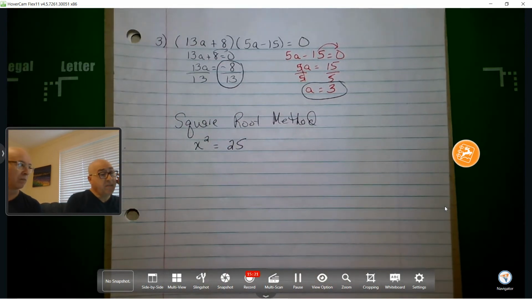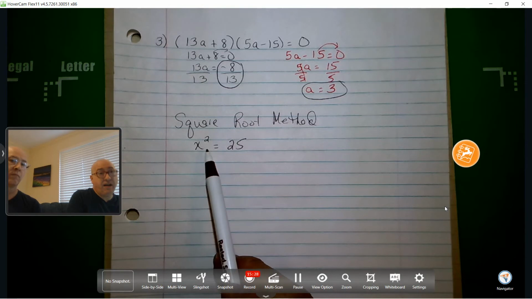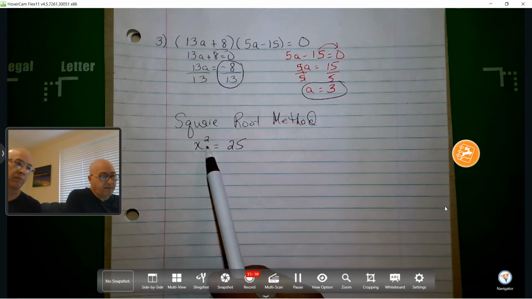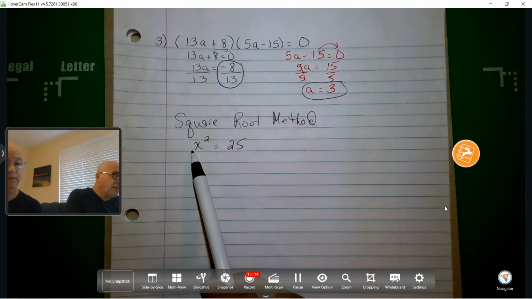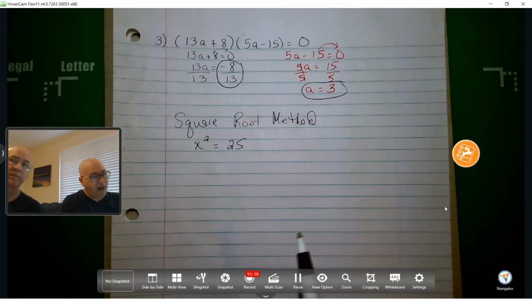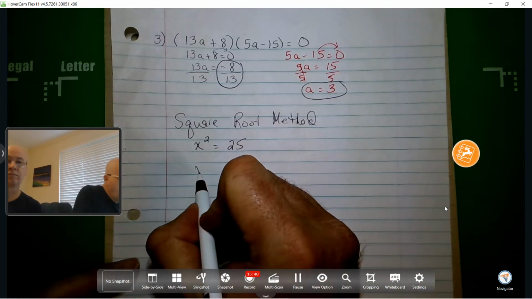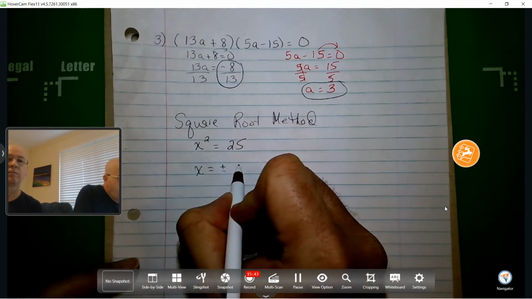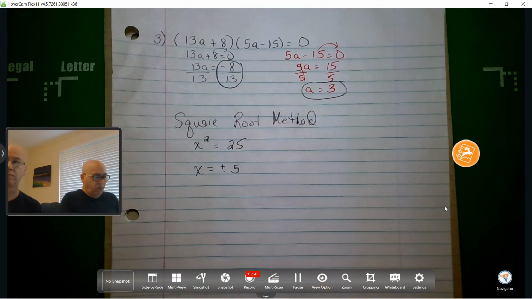I think most people can figure out the solutions here. Most people said probably 5, and I say, okay, well, there's another one. There's another solution. One solution is positive 5. The other solution is negative 5. So, plus minus 5.